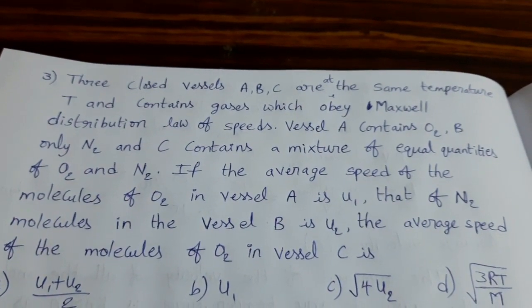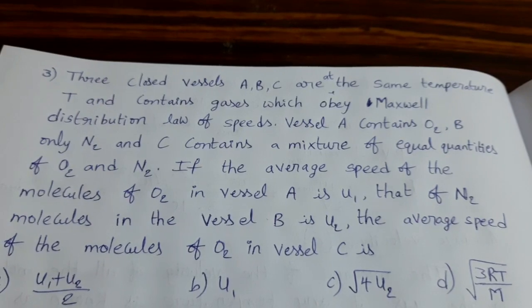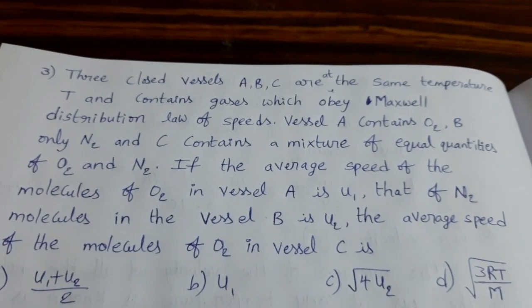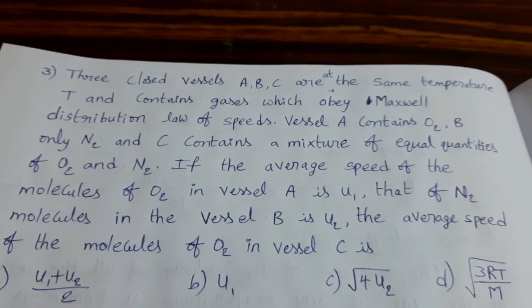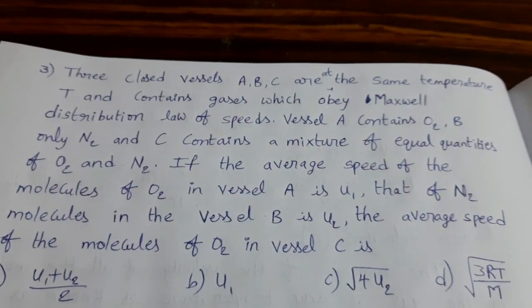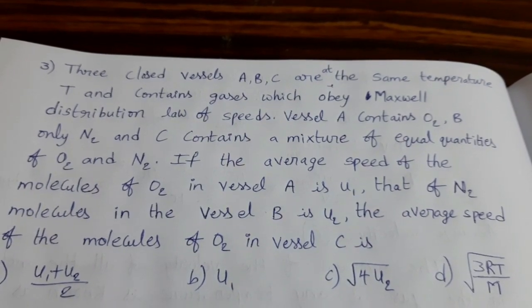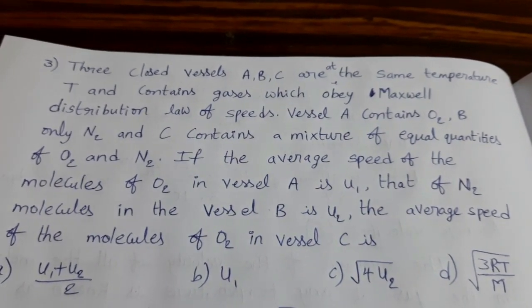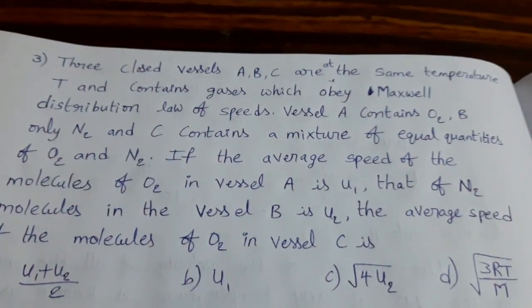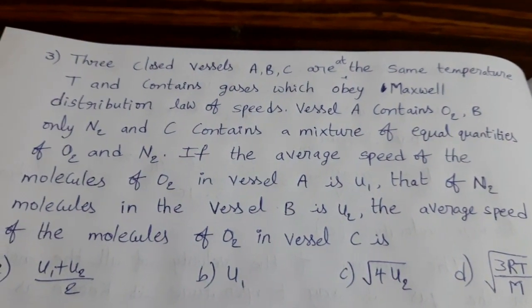If the average speed of the molecules of O2 in vessel A is U1 and that of N2 molecules in vessel B is U2, the average speed of the molecules of O2 in vessel C is. In vessel A, oxygen molecules are present, their average speed is U1.